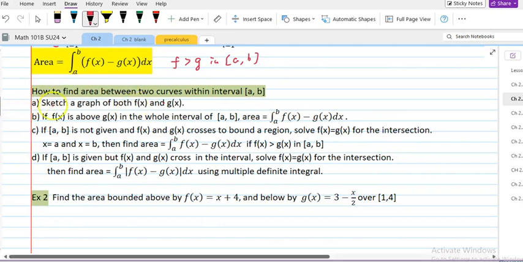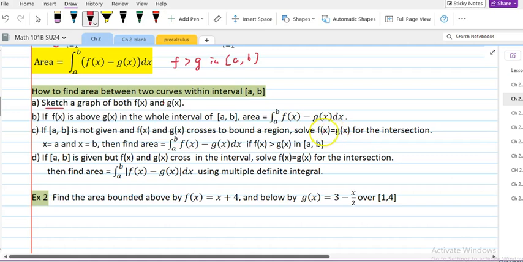First and most important is to sketch the graph of f and g. This gives us a chance to see when they cross, and also whether f is above g in the whole interval a to b, if given. And if we have no a and b given, we can also solve to get an idea of when f and g cross.